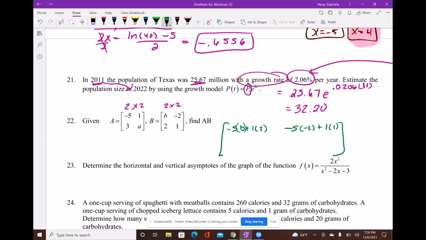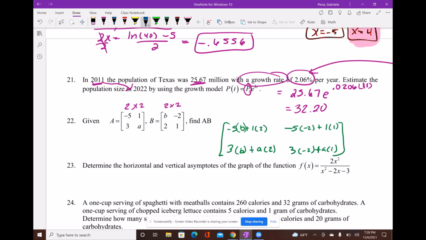Row times column. 3 times B plus 1 times A. It's A. A times 2. 3 times -2 plus A times 1.